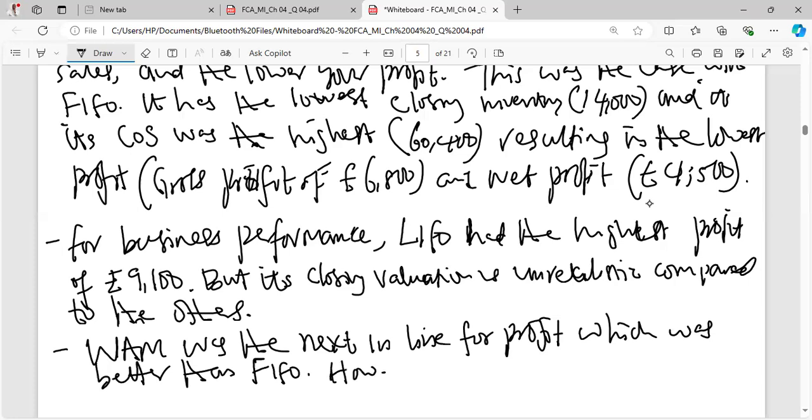However, its closing inventory was still high.